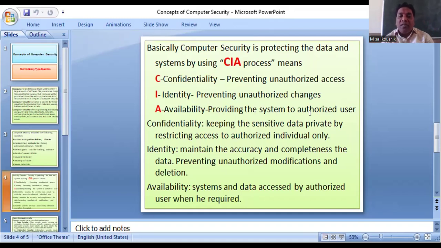So confidentiality is keeping the sensitive data private by restricting access to authorized individuals only. Please repeat once again: confidentiality is keeping the sensitive data private by restricting access to authorized individuals only. And what is the meaning?